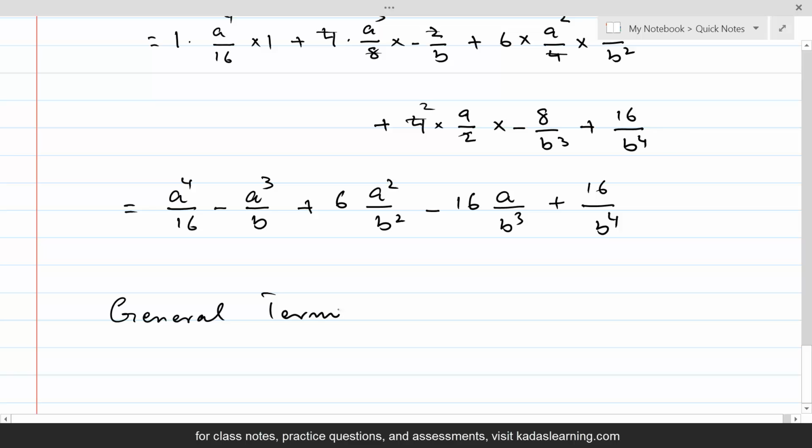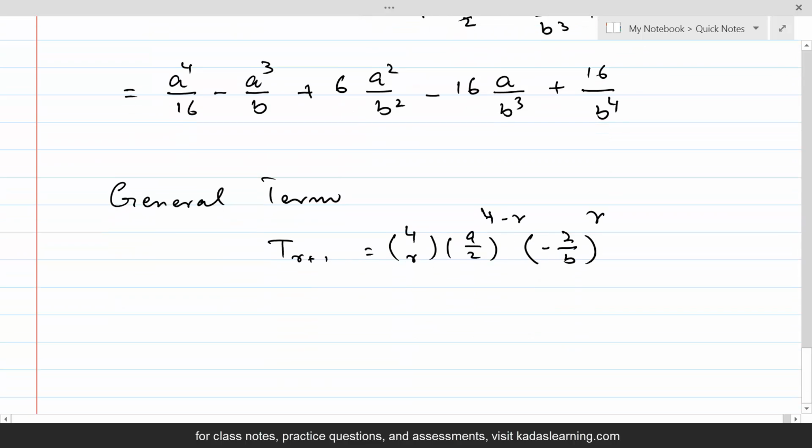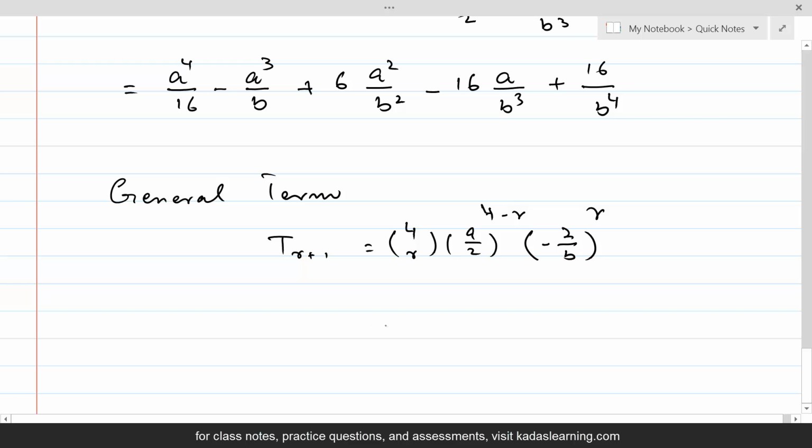And if we wanted to write the general term, the general term, T(r+1), that will be equal to 4Cr (a/2)^(4-r) into (-2/b)^r.